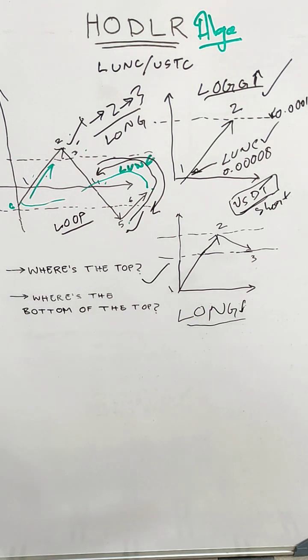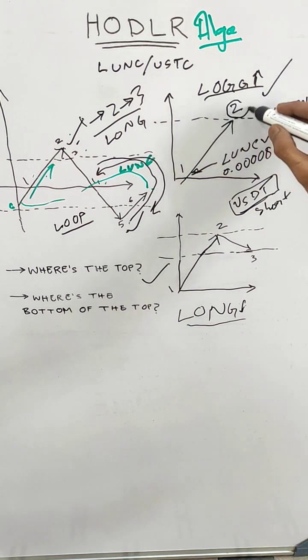Over there, to protect our investments, we have to continually check where the top is, so that I can exit from that position and buy back a larger volume, or a larger investment, at a lesser price. That is the entire idea. And that is what we are checking over here, where the top is. So number 2 is essentially the top. This is what we'll check over here.